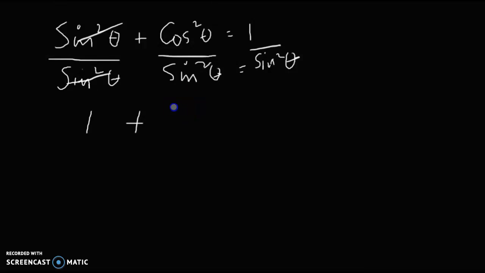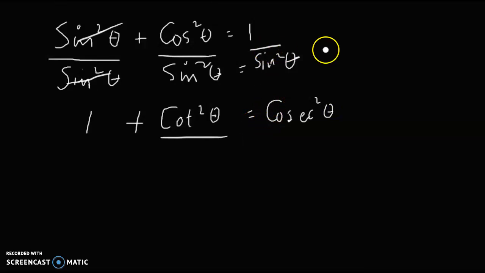Please remember, this is equal to cot square theta, is equal to 1 upon sine square theta, which is the opposite of sine square theta, is cosec square theta. Cosec square theta.